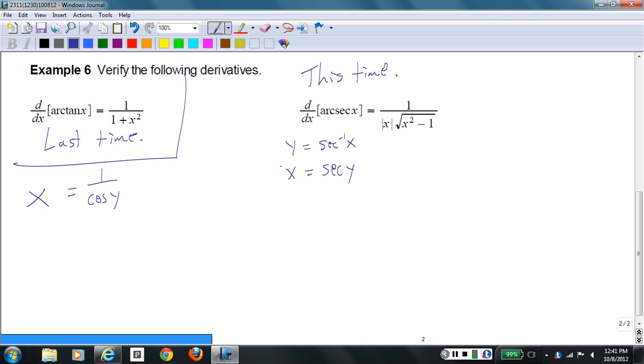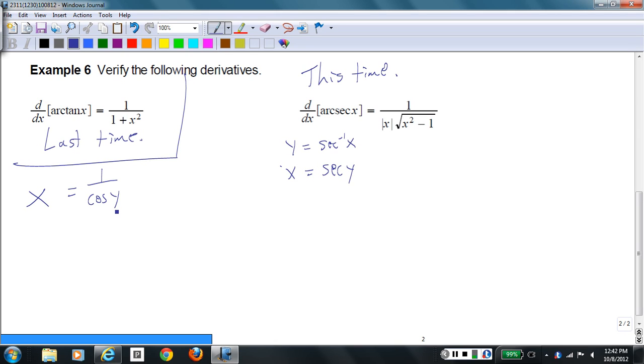Then what? We could approach this. We need to find d/dy of both sides. It's going to be a little bit trickier there. Is there some way? Oh, let's do this.